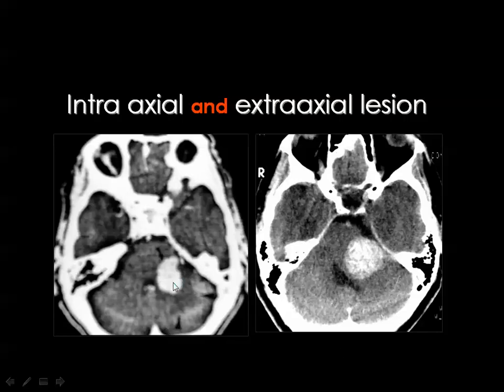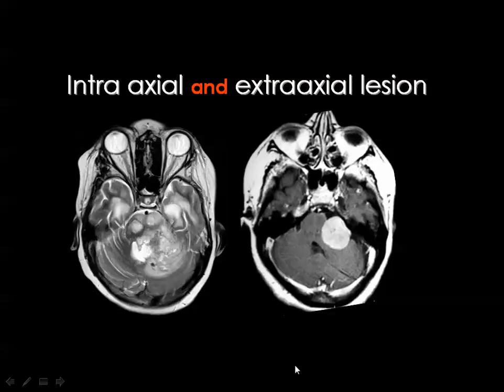In order to differentiate intra from extra, look at the cistern ipsilateral to the lesion. If you see widened cistern on the same side of the lesion, this is an extraaxial tumor. If you can see obliteration of the cistern ipsilateral to the lesion compared to the opposite side cistern, then consider this is an intraaxial tumor.